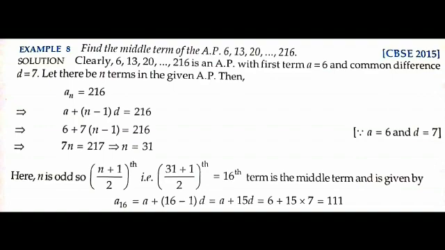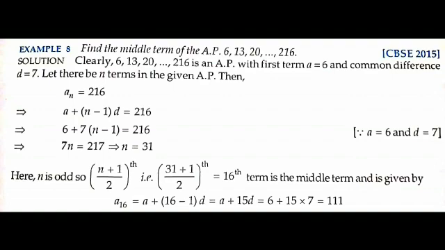Clearly, these given terms form an arithmetic progression with the first term a equal to 6 and common difference d equal to 7. How do we conclude this? We have to find the difference between two consecutive terms. If it is the same, then we can say it is an arithmetic progression.